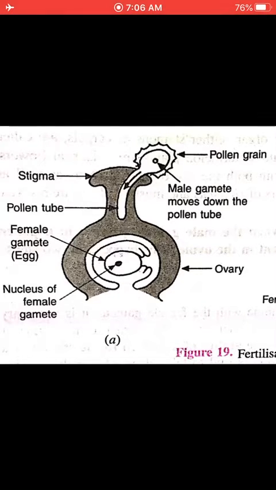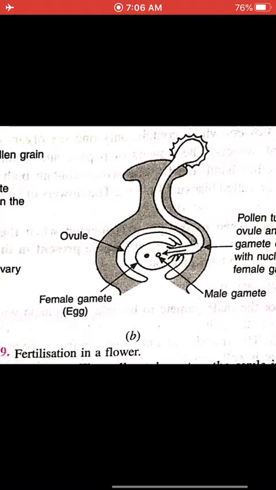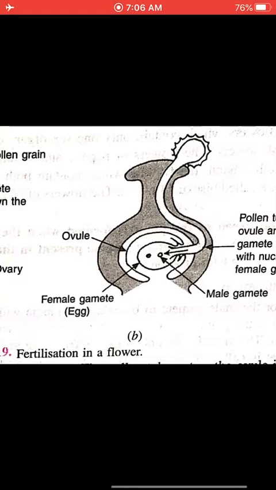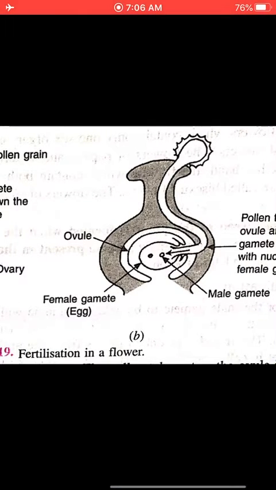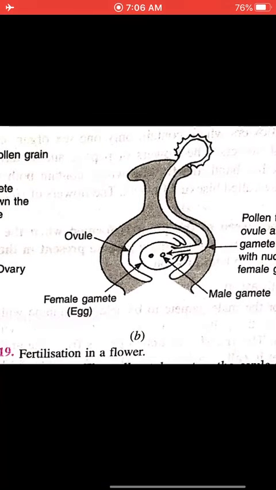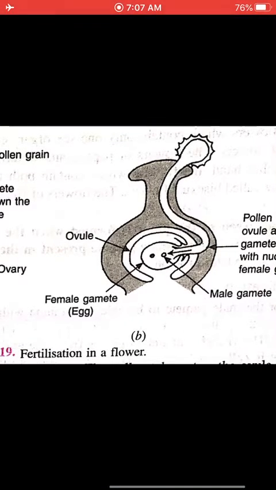That pollen tube runs through the style and reaches the ovary and ovule, carrying the tube nucleus and germ cells, which get fused inside the flower. The pollen grain carries two nuclei and a tube nucleus, which reach through the pollen tube. The long tube is known as the pollen tube and reaches the ovary, where there are two types of fusion.